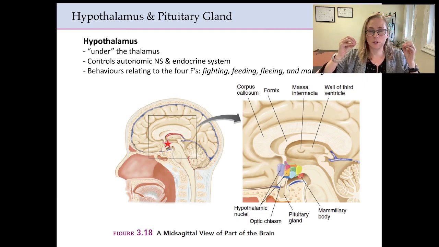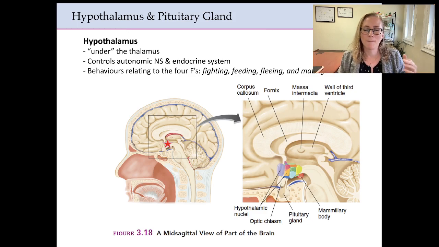But then it tells the pituitary to produce the hormone that activates adrenaline release. We call that the HPA axis, the hypothalamic pituitary adrenal axis. Some of you might have encountered that before. When we talk about stress, we'll get there, so don't worry about that yet. But know that the pituitary is the master gland. It controls all the other glands. One gland to rule them all.